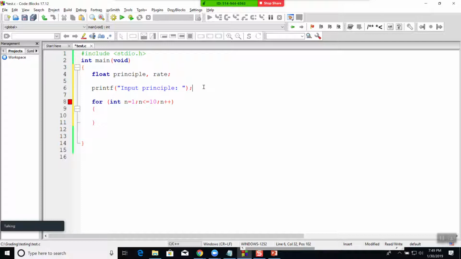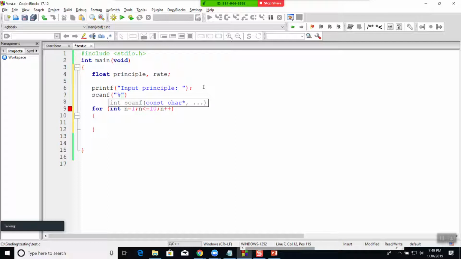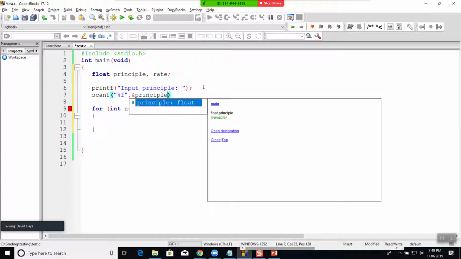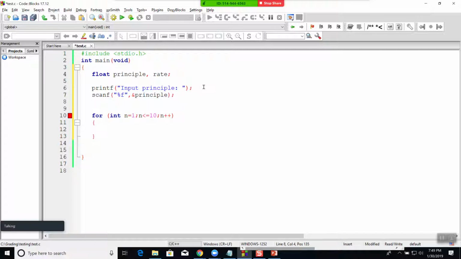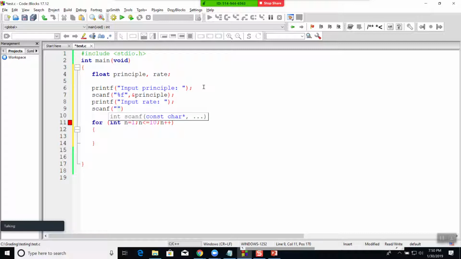Okay, so scanf. Was it percent f? And then ampersand principal. printf input rate, scanf percent f, rate.